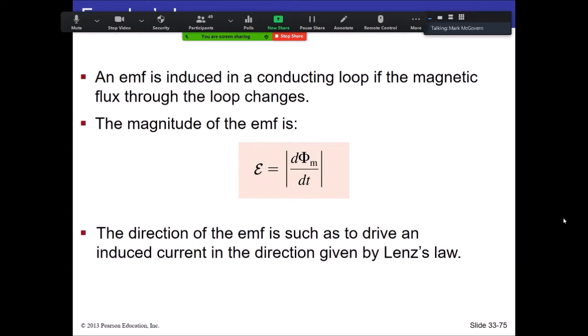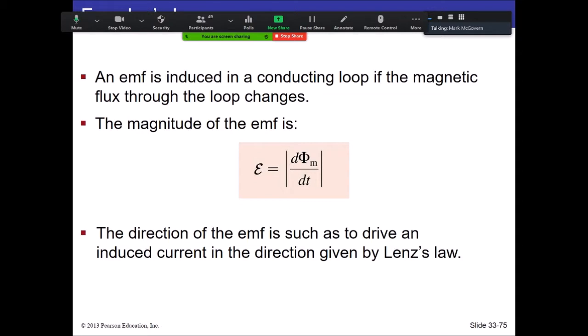All right. So Lenz's law was a conceptual law that helps you understand the direction of the induced current. There is a second law called Faraday's law, which goes over how we attach a number to these things. This is the more mathematical side of it.